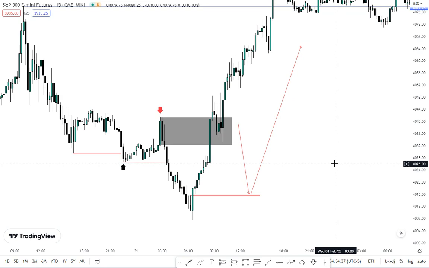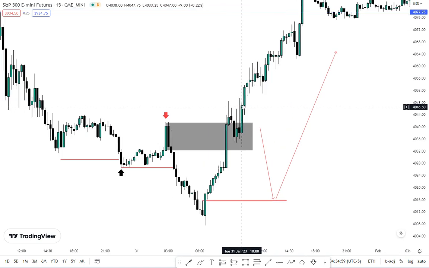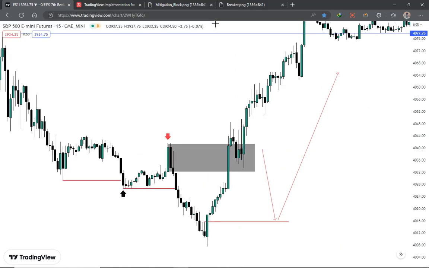The first one for your retracement that is likely to hold price is a mitigation block, and then we have a bearish breaker or a bullish breaker, however you may call it based on your narrative or your bias. And then we have a void, we have fair value gaps, order blocks, and then eventually a rejection block.